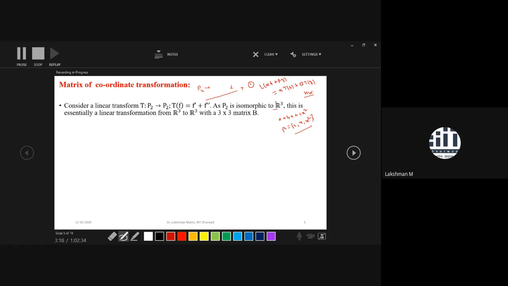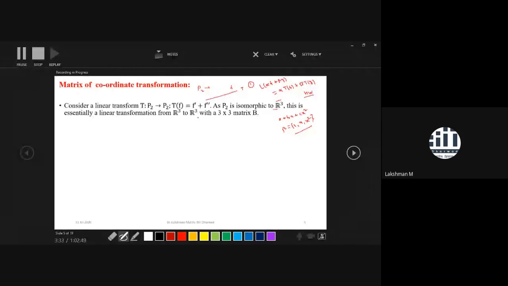And what is the dimension of R3? The dimension of R3 is also 3. So that's why P2 is isomorphic to R3. That means we can have a correspondence between P2 and R3. This is essentially a linear transformation.